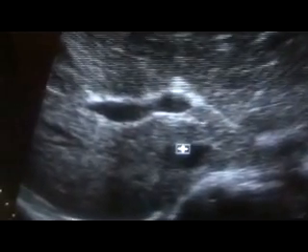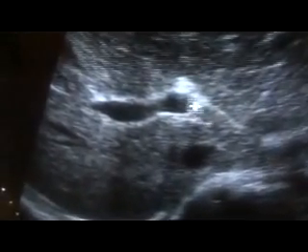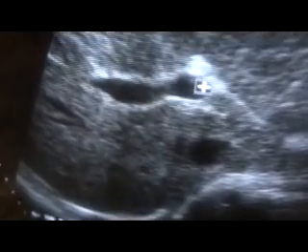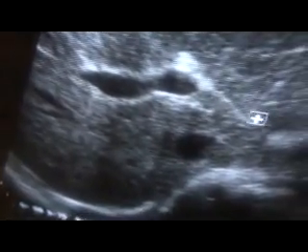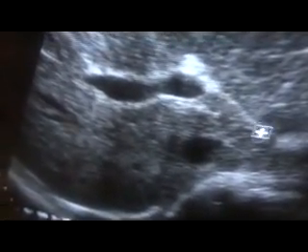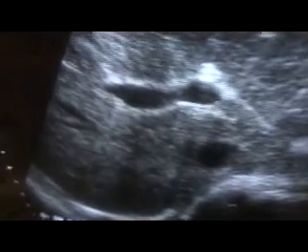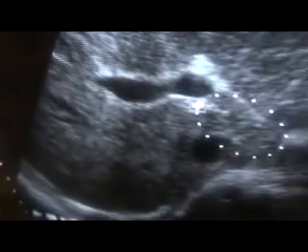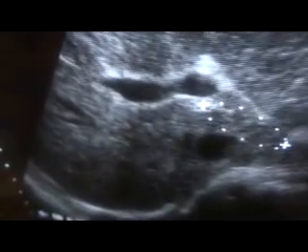Now what is this line? This linear structure that is attaching with the left portal vein is the ligamentum venosum. This is the IVC, and this portion is the caudate lobe of the liver. This is the transverse section of the left lobe of the liver.